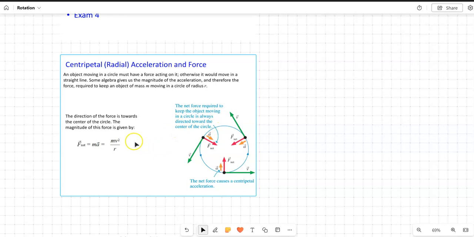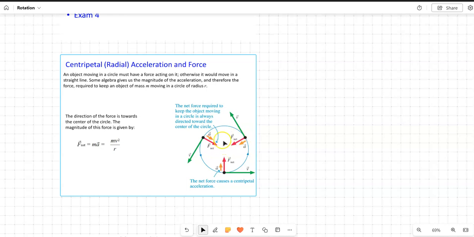If force is equal to mass times acceleration, and mv squared divided by r is that interpretation of that force, then that force, which is the result of the centripetal acceleration, is the centripetal force. Since the centripetal acceleration is directed towards the center, that means the net force acting on the object is also acting towards the center.